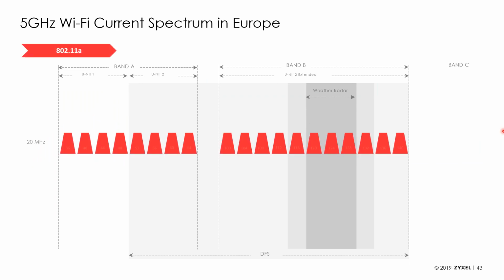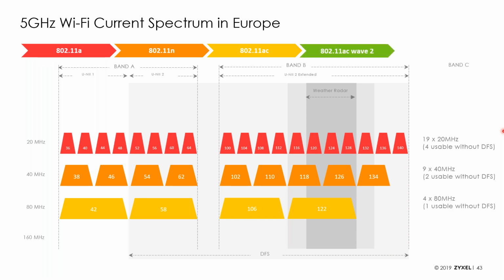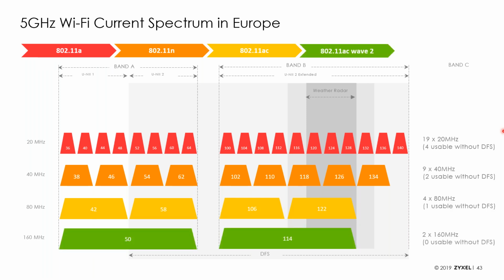On 5 gigahertz, it's a lot better. On a 20 megahertz band, as in 2.4 gigahertz, we have 19 channels to play around with. And when we go up through the standards, from A to N, AC, and finally AC Wave 2, we can use a wider band to gain more speed.